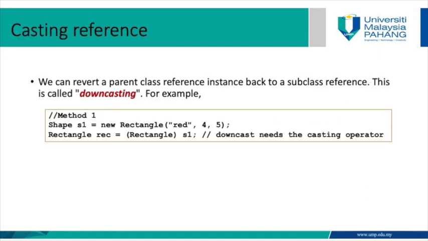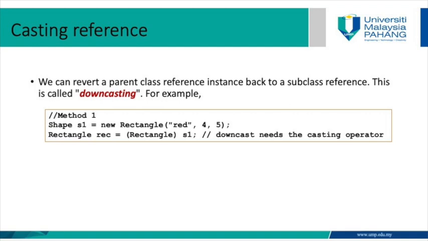And then we can also revert a parent class reference instance back to the subclass reference. This is what we call downcasting. Earlier it was upcasting, and this one, reverting a parent class reference to the subclass reference, we call downcasting. For example here, Shape S1 equal to new Rectangle(4, 5).